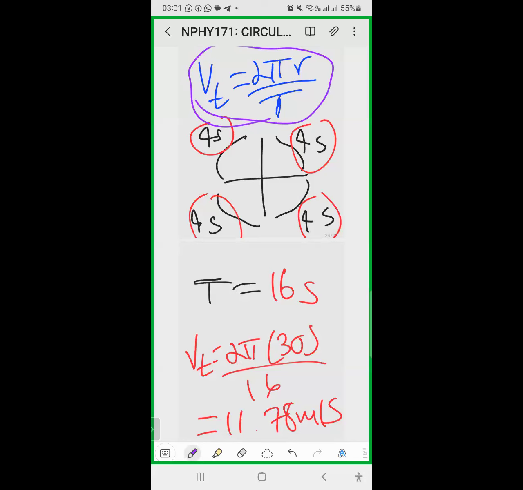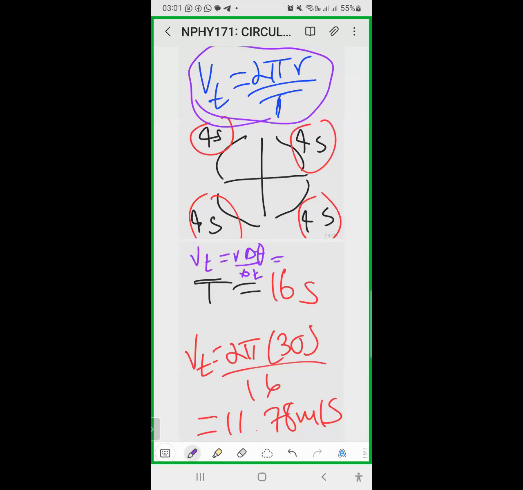So on that equation, when you take your angular displacement to be equal to 2 pi, you're going to have Vt equals R by the change in angular displacement over the change in time, right?